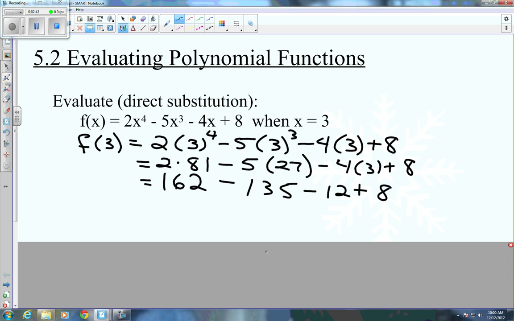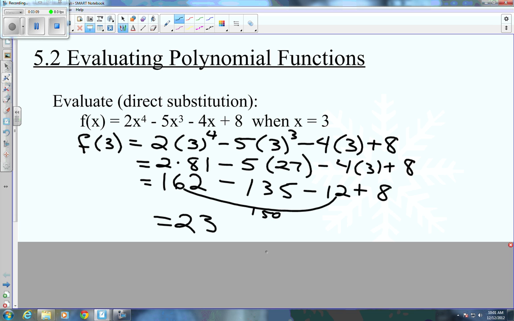Plus 8. Okay, now we're going to add them. And let's see if I can be a little bit tricky about adding here. I got 162 and I got a negative 12. If I put those together, that's 150. 150 minus 135 is 15. 15 plus 8 is 23.